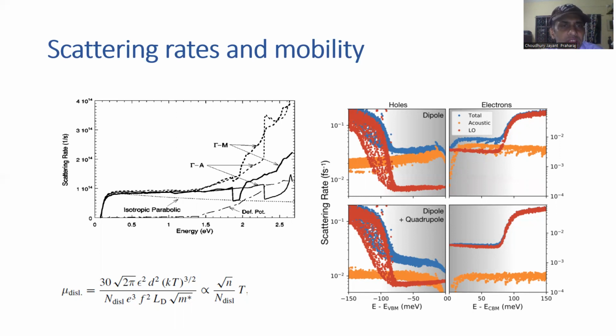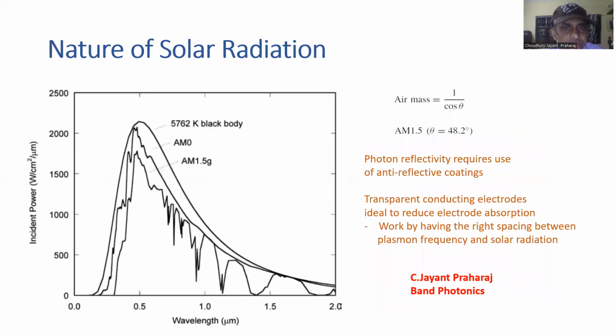So these are all scattering rate parameters that affect the mobility parameters that enter into device equations of any kind of device, whether you make electronic devices or optoelectronic devices in these materials. These scattering rates determine things like mobility, and then the various device equations that enter into devices like the solar cells that we consider in this talk.